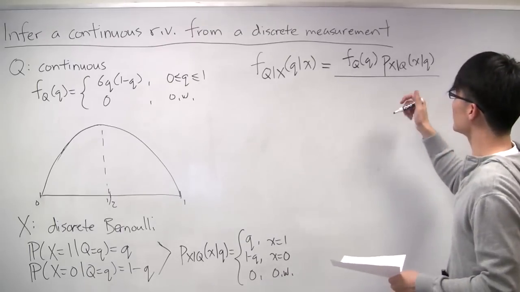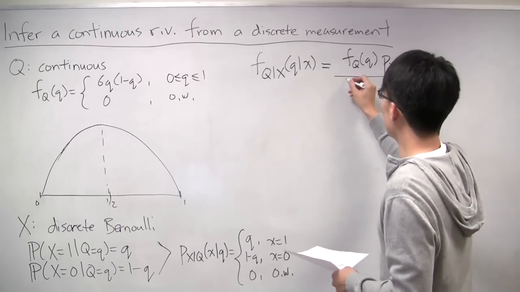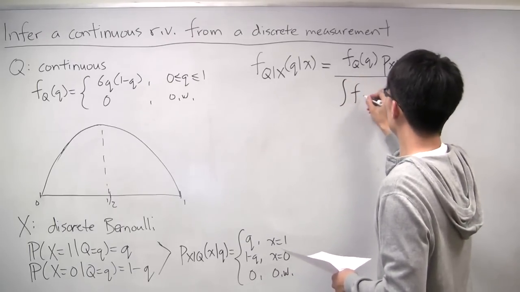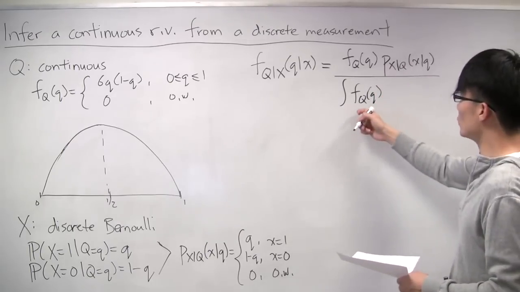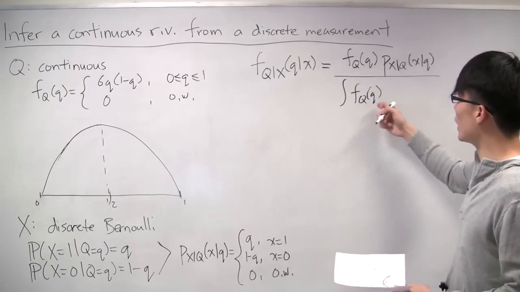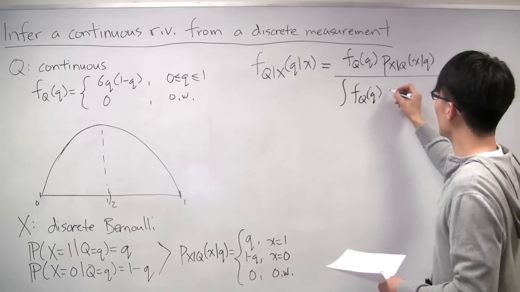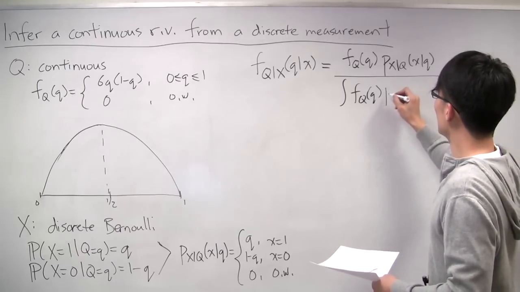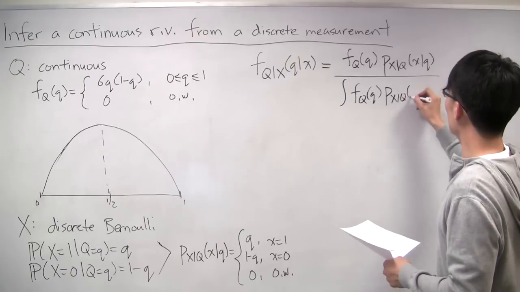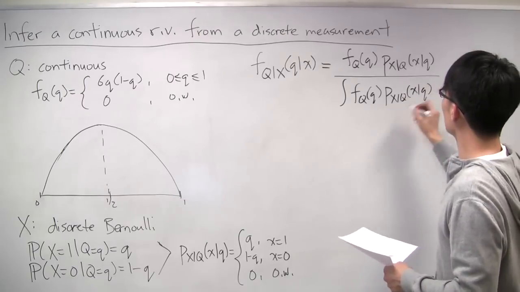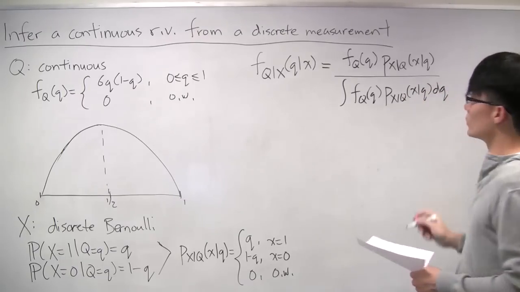The PMF of x, you can think of it as, you can get x with a combination of lots of different possible values of the bias q. And so we just calculate all those possibilities and integrate.